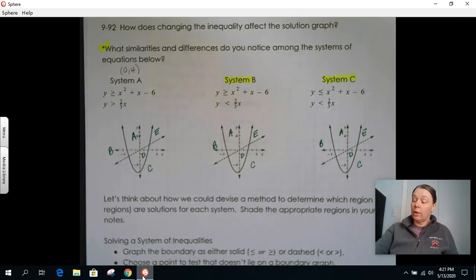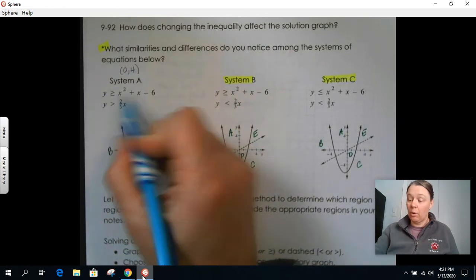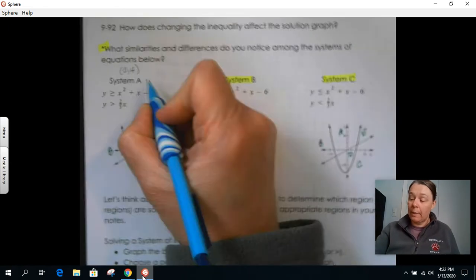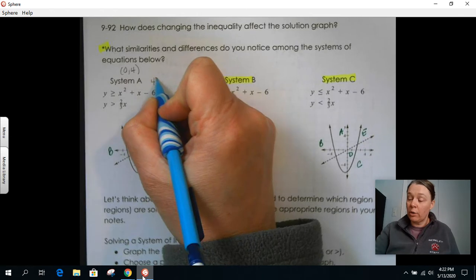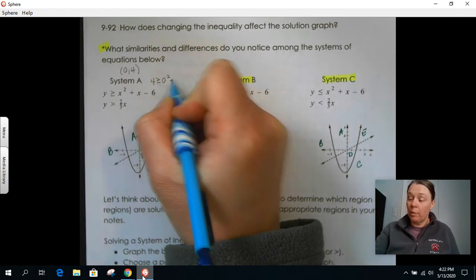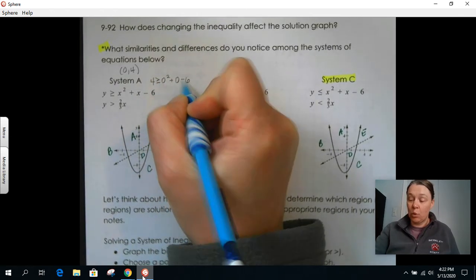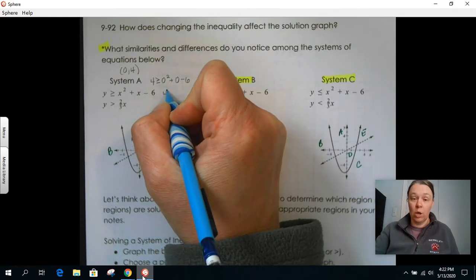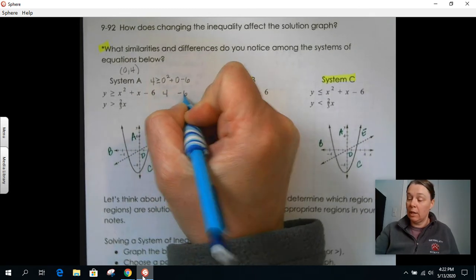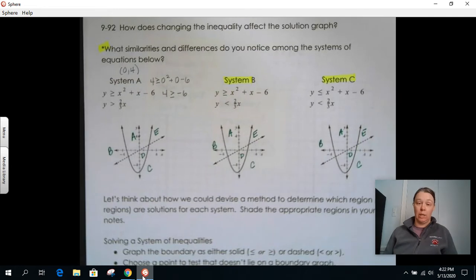Okay, so the point 0, 4 is the point that I'm going to substitute into each of these inequalities. So here, when I plug in the 0 and the 4 in this first one, I'm going to have 4 is greater than or equal to 0 squared plus 0 minus 6. And I'm going to get the inequality relating 4 and negative 6. And here is 4 bigger than or equal to negative 6? It is.